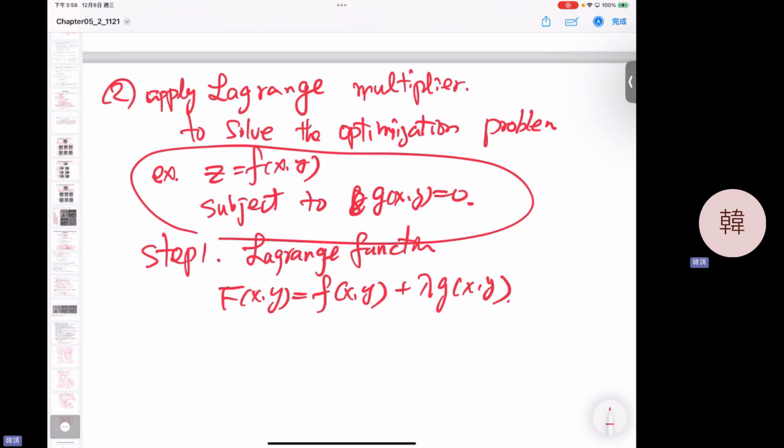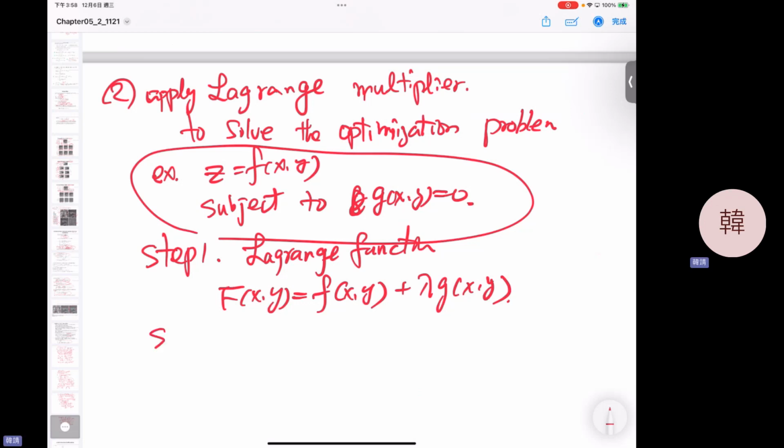The lambda here is defined as the Lagrange multiplier, a small parameter multiplied in. We combine the optimization objective function and your constraint function together, so now we have only one function to deal with.